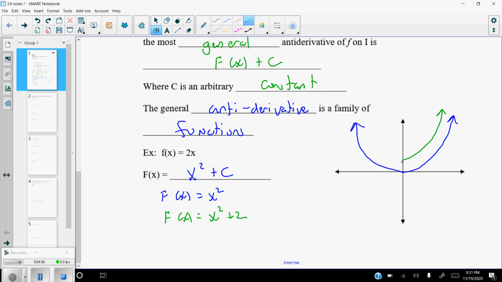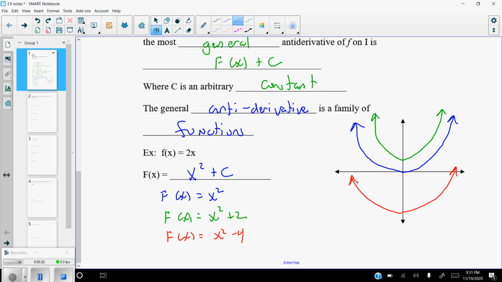So basically, it would look something like this. That would be F of x plus 2. And maybe instead we want to do F of x is x squared minus 4. So now C is negative 4. All that does is shift the entire thing down 4 units. So now it looks something like this.